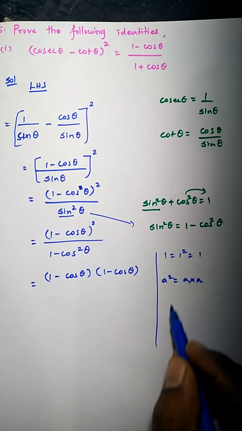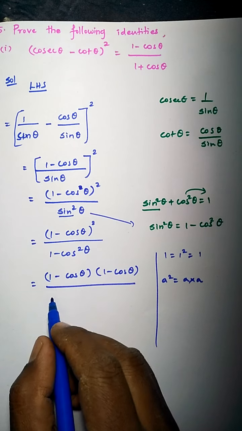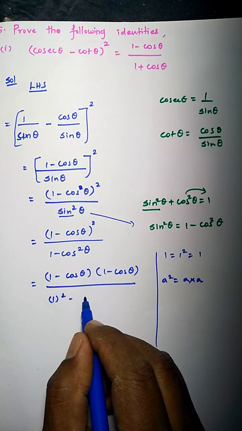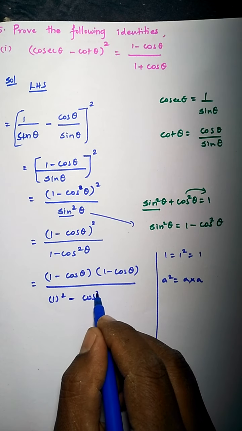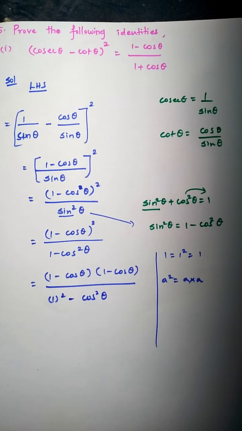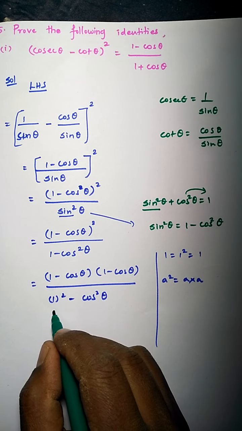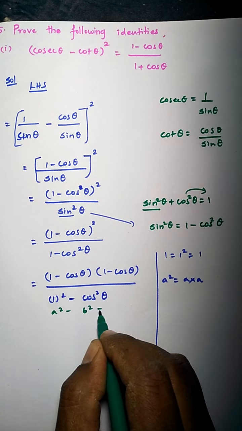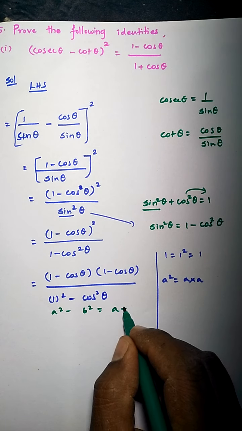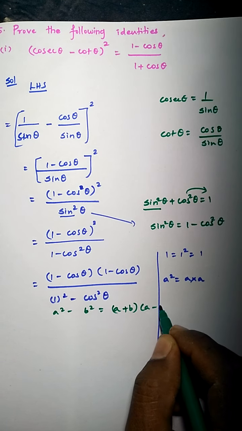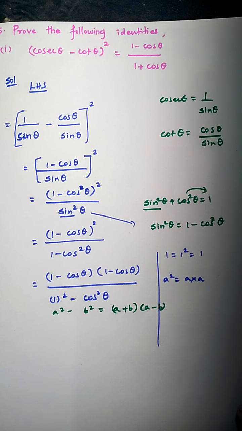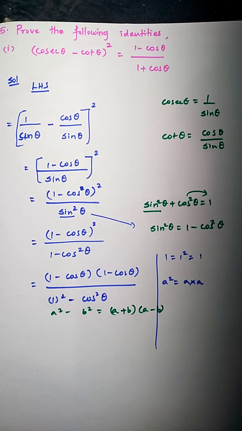The denominator can be written as 1 square minus cos square theta. Here we can use the identity a square minus b square, whose formula we know is (a plus b) into (a minus b). Just for the proof we are using it like this.